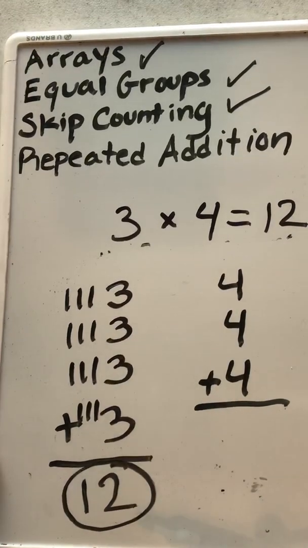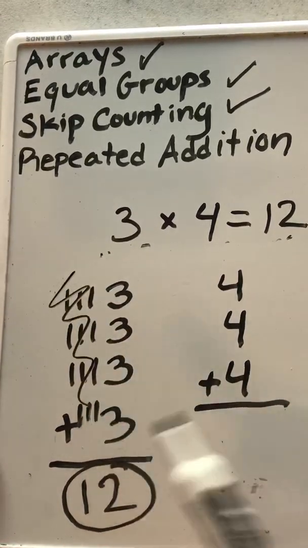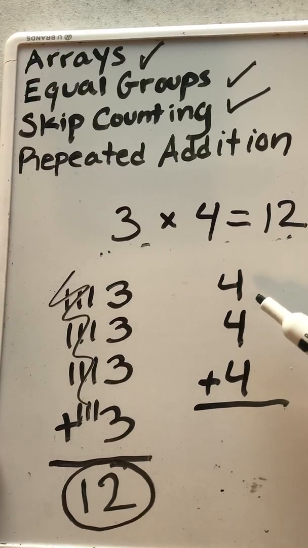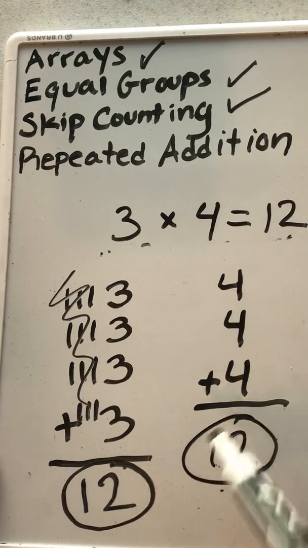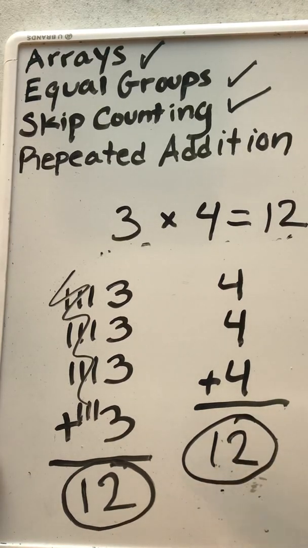Whatever gets me there. Or, if I know my skip counting, repeated addition can look just like that. 4 plus 4 plus 4, 4, 8, 12. And there is my answer.